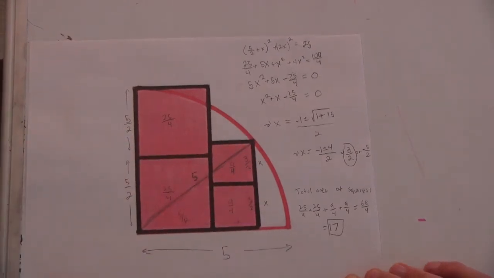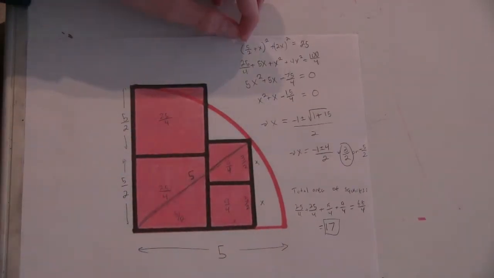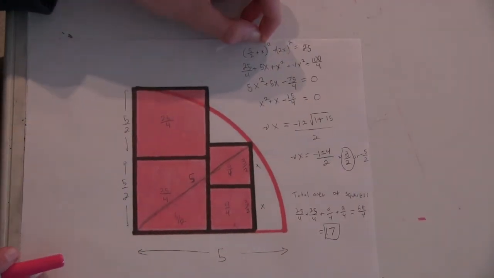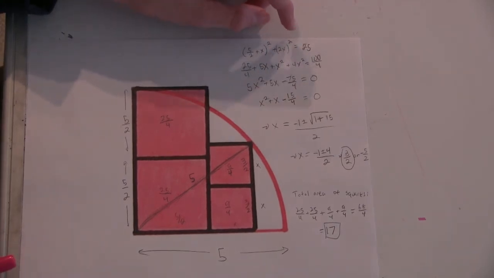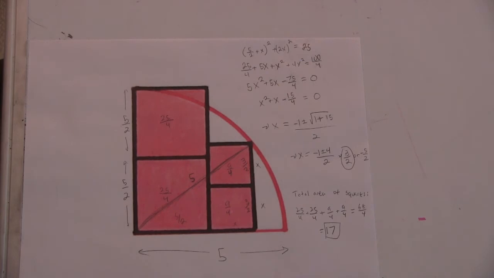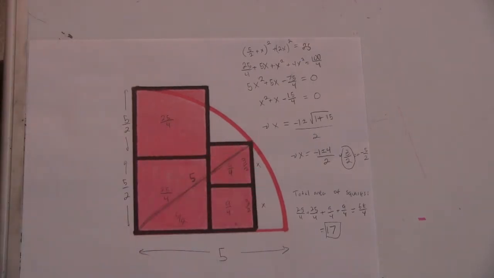Okay. And so we get (5 halves plus x) squared plus (2x) squared equals 25. That's the equation for this. Simplifying that, we get 25/4 plus 5x plus x squared.